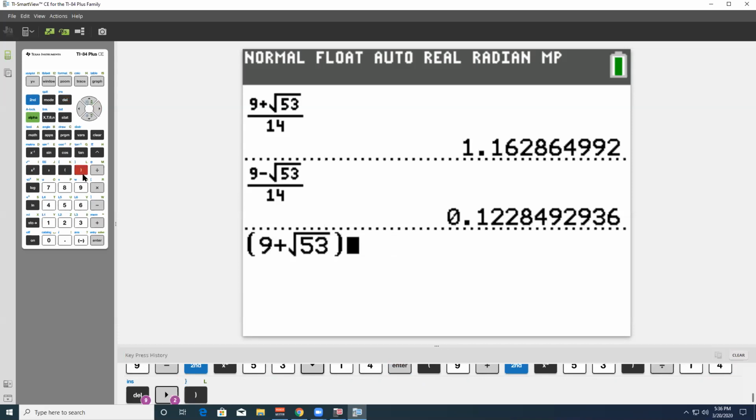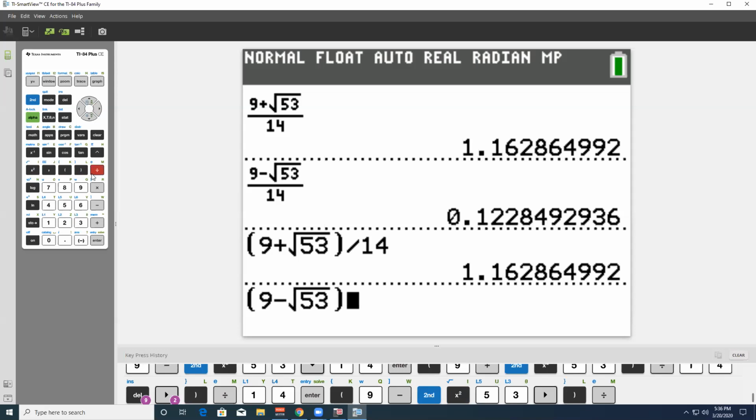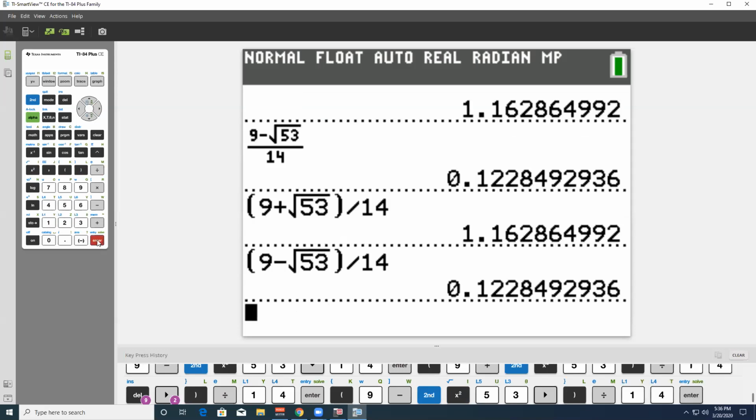There we go. Now close it. Then divide 14. There we go. 1.16. And then parentheses 9 minus second square root 53. Scoot over. Parentheses. Divide 14. Bam. There you go.